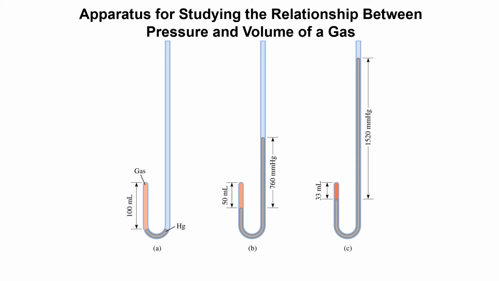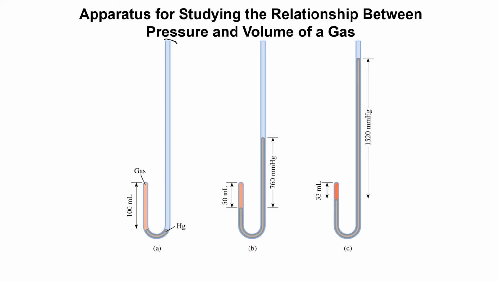So a gentleman by the name of Boyle used U-shaped tubes to study the relationship between pressure and volume of a gas. And the volume of the gas in a closed end of the tube changes in proportion to the difference in the height of the mercury columns as mercury is added to the open end of the tube.